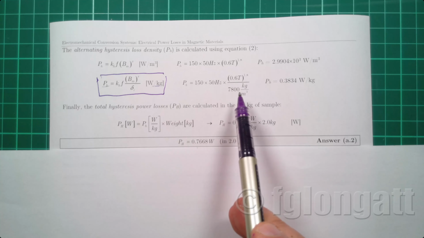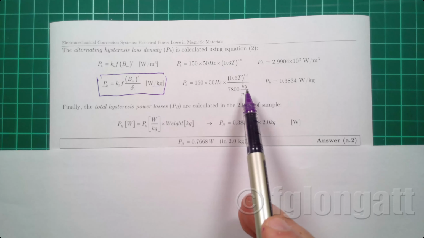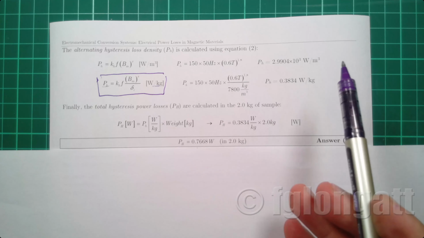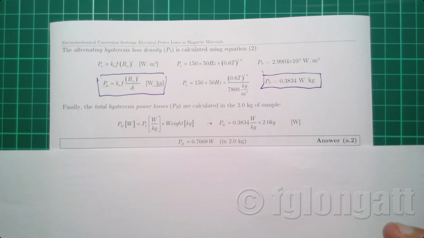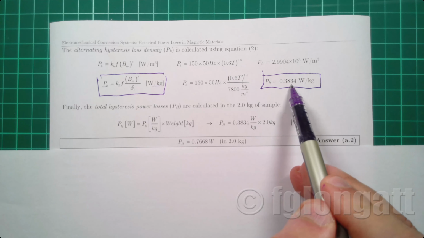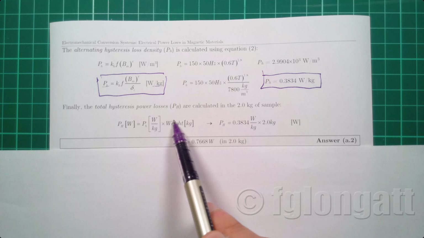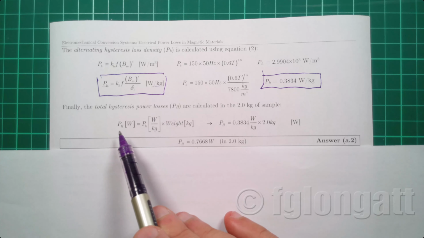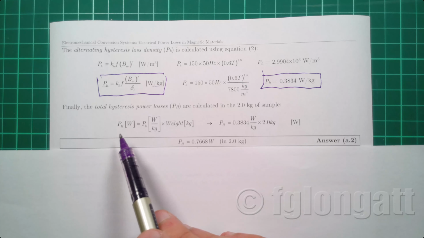The denominator, as you can see clearly here, delta I, represents the density of the magnetic material, in this case 7,800 kilograms per cubic meter. So at the very end, we obtain the hysteresis loss density, 0.3834 watts per kilograms.